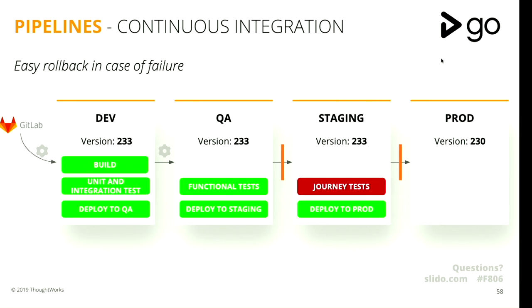So in our case, we've got the journey tests, which are red in our staging environment. So at this point, we can either roll back to a previous version, and then we make sure that production is still green. Or we can just push a fix, and this way we make sure that everything is all right, and we push everything to production.